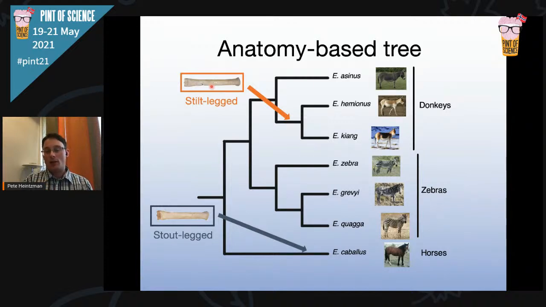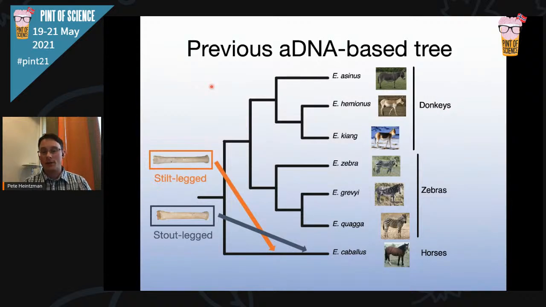However, the stout-legged horses are very, very similar to living horses, Equus caballus, and so they've been placed next to them. However, the first ancient DNA studies were based on just very short pieces of DNA. They suggested that actually the stilt-legged horses were more closely related to regular horses and not to these Asiatic asses. So, which is correct?